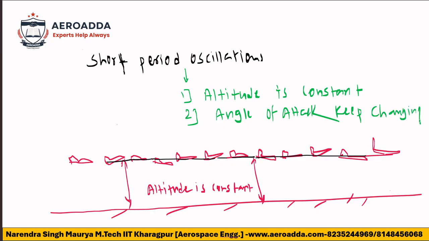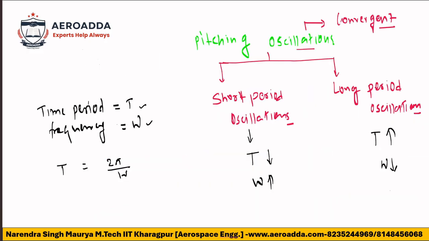I have a plan to not give the theory, because if you write theory, maybe you remember or not. So better you just write the outcome. So the outcome of the short period oscillation, because you understood what the short period is: there is a pitch up and pitch down, but it will have a constant altitude.